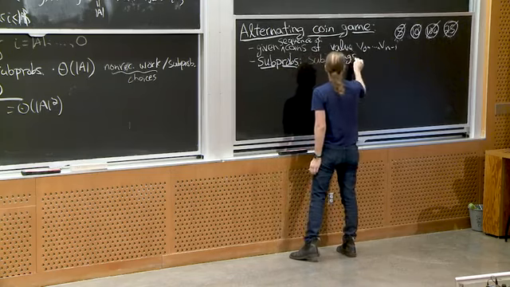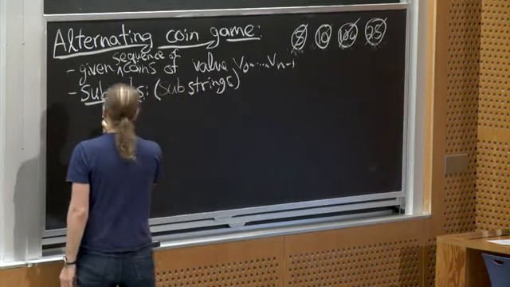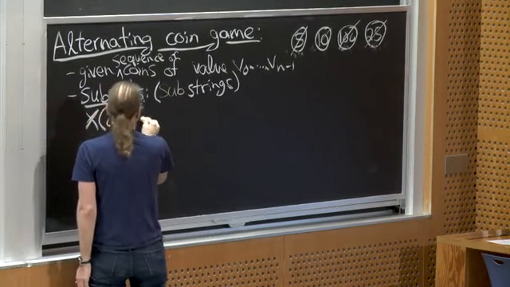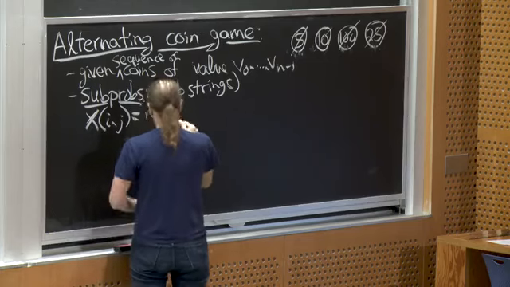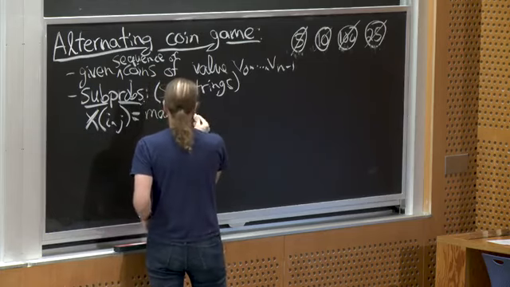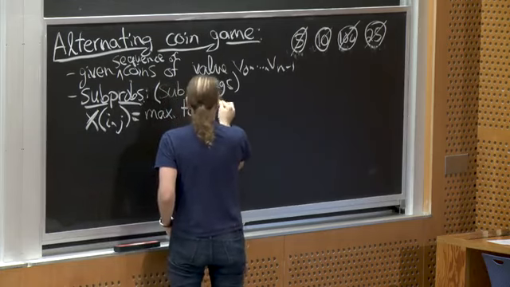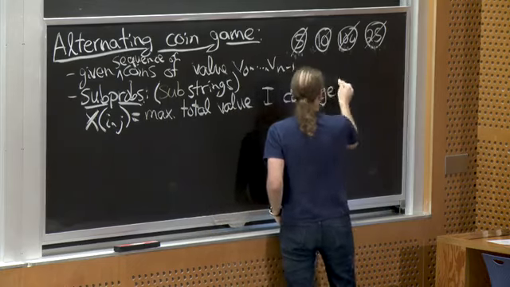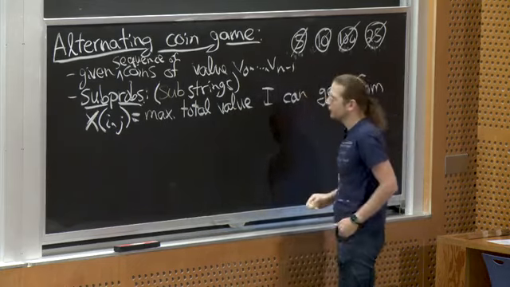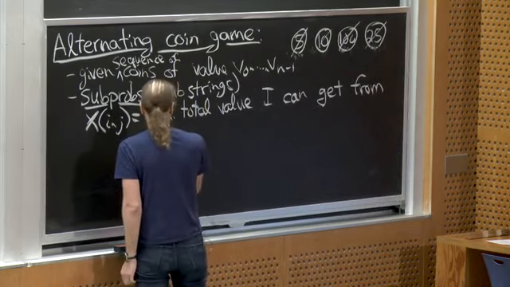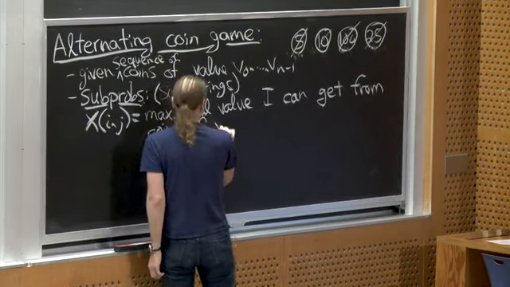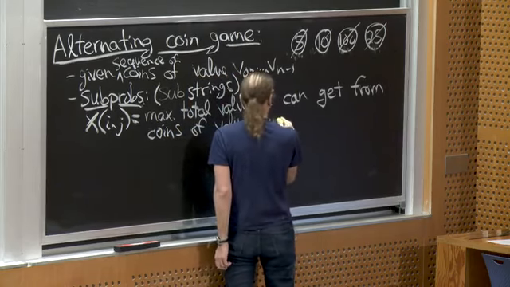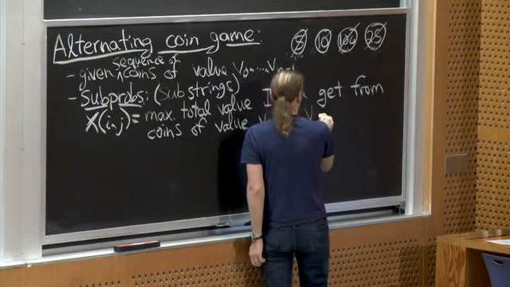So more precisely, this is just the intuition. We're going to define some generic x of i j to be the maximum total value I can get from this game if we play it on coins of value vi to vj.